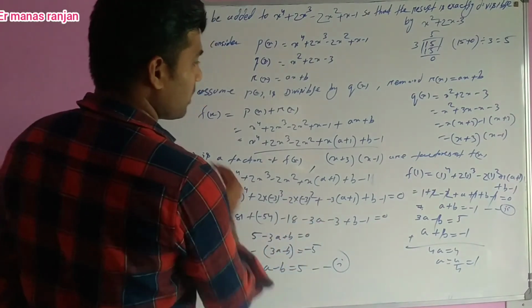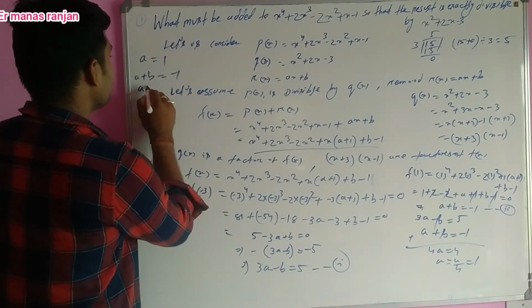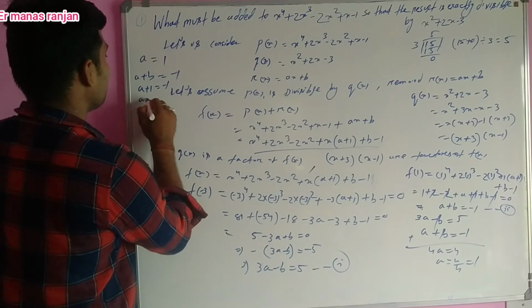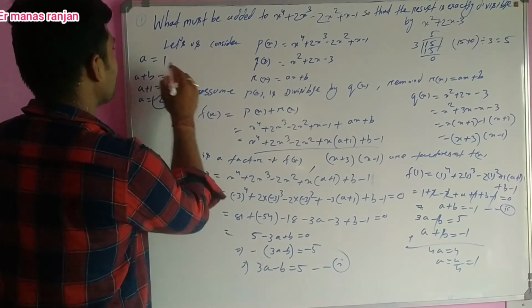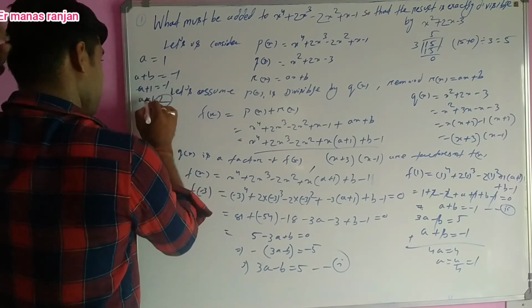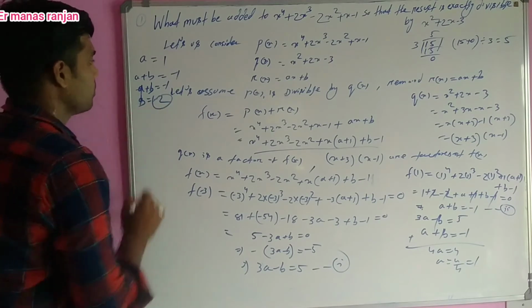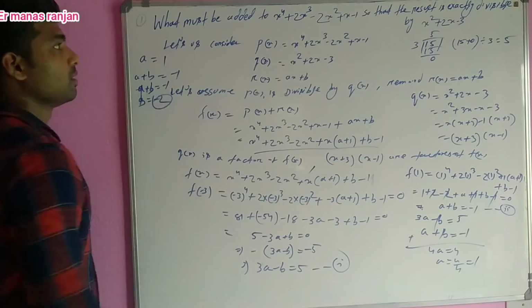For b, put the values in a + b = −1, so b = −2.